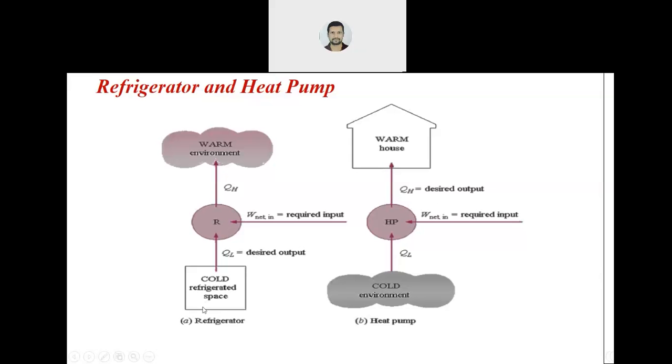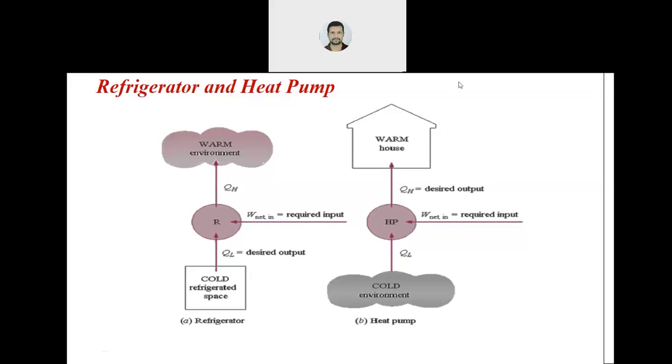So what will be the COP in the case of refrigerator? See, COP is nothing but desired effect by W net. In case of refrigerator, our desired effect is QL and W net is nothing but the difference of QH minus QL.